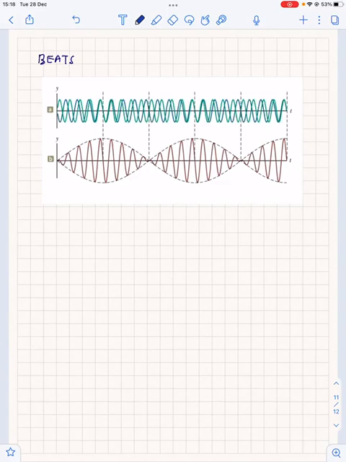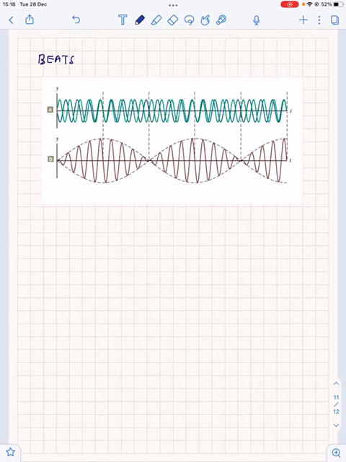And last but not least, we have beats. Okay, beats. What actually are beats? Beats are the interference of waves in time. If the waves interfere in time, it will cause a phenomenon called beats.